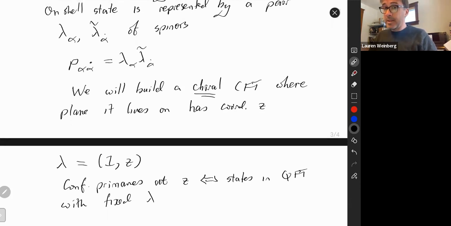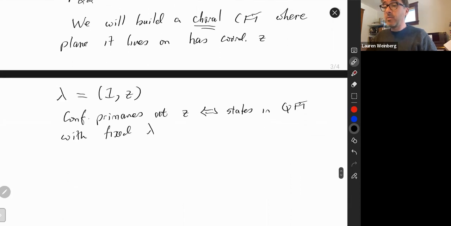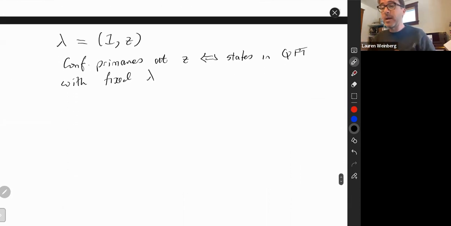So how do we implement that? Here, I will just write down the generators of the algebra.